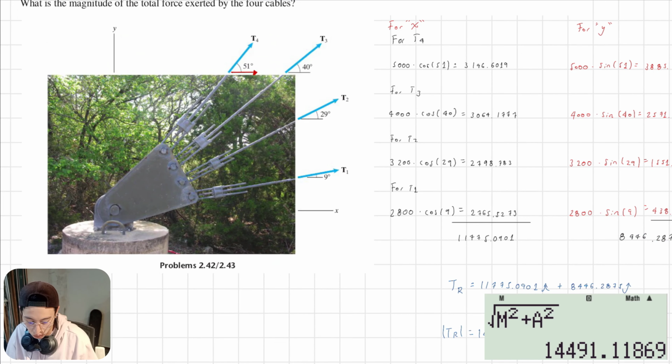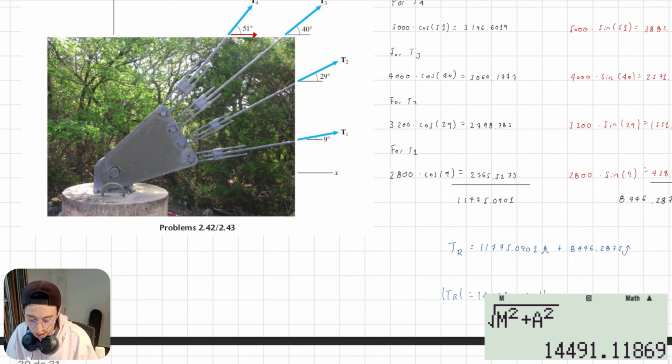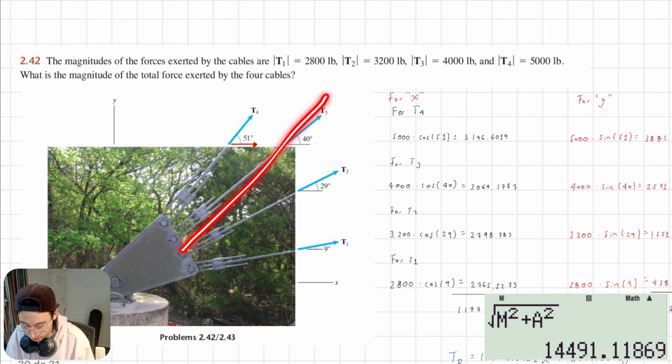We will be able to determine the final vector, the magnitude and the angle, but for example it could be something like this or this.